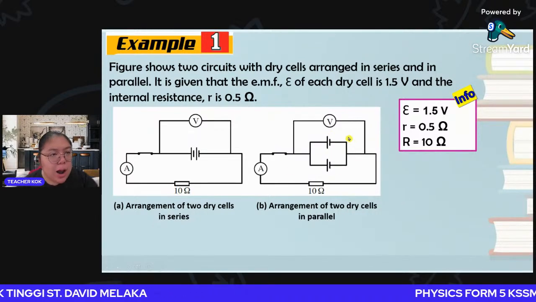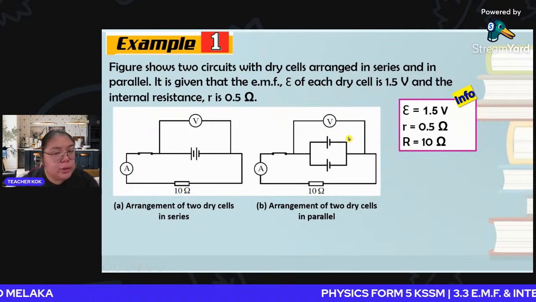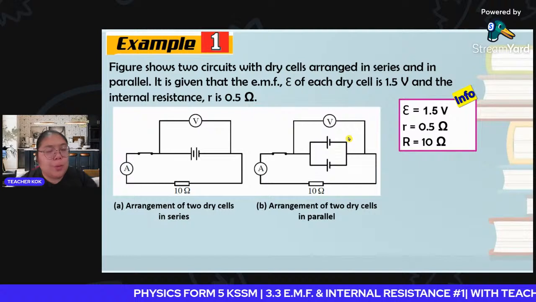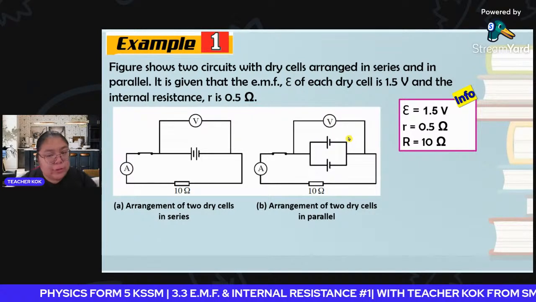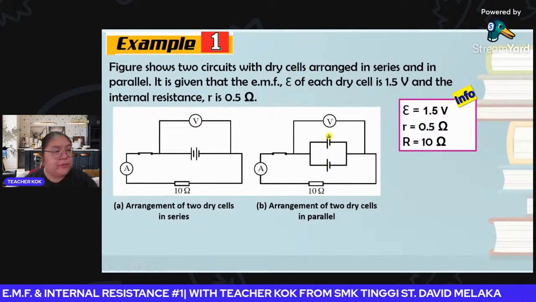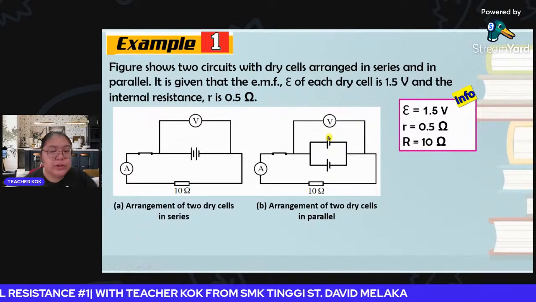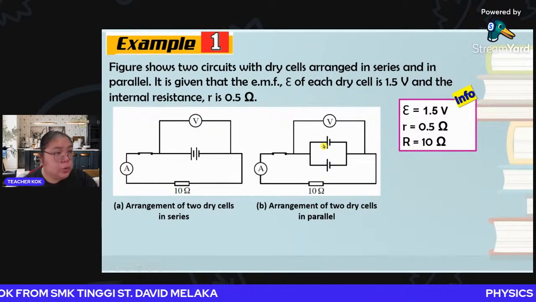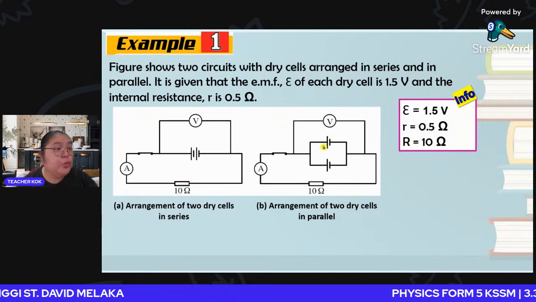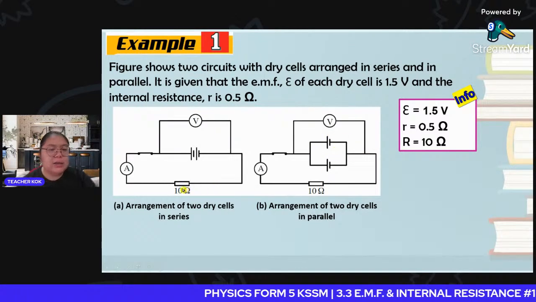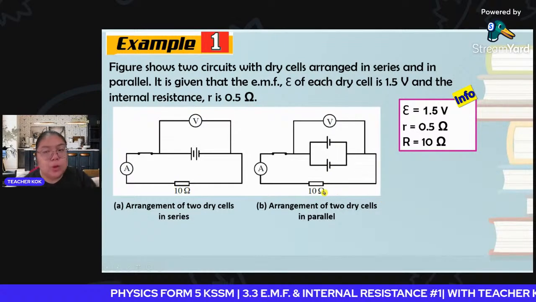In parallel, remember, we need to use 1 over R equals 1 over R1 plus 1 over R2. But now both are 0.5, easier. We just take 0.5 over how many batteries? 2. 0.5 over 2, then the answer is 0.25 ohm. For the external resistance, both are the same, 10 ohm.